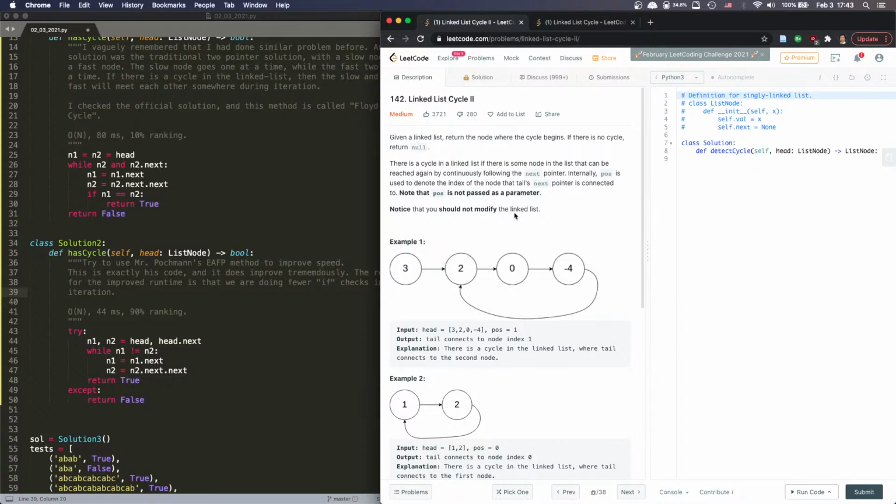When I reach here, the fast node is here, and this is also n, which means this entire thing, which is 2m, shall equal to, depending on how many rounds it took. 2m is the total.